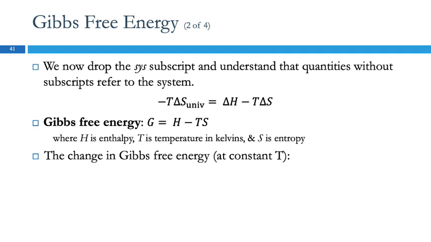Well, delta G is going to equal the change in H minus T delta S. It's the change in this and the change in that, but the temperature is constant, so we're not changing the T, just the S. So delta H minus T delta S. Oh, well, that's this thing right here. So delta G is negative T times the change in entropy for the universe.